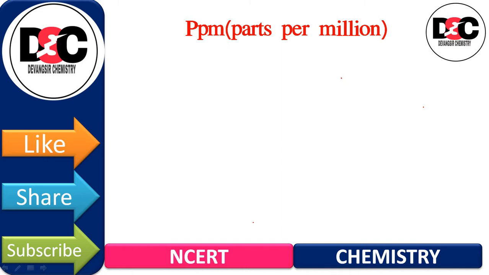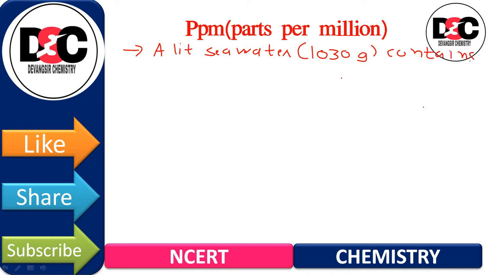A liter of sea water, which weighs 1030 gram, contains about 6 into 10 raised to minus 3 gram of dissolved oxygen.